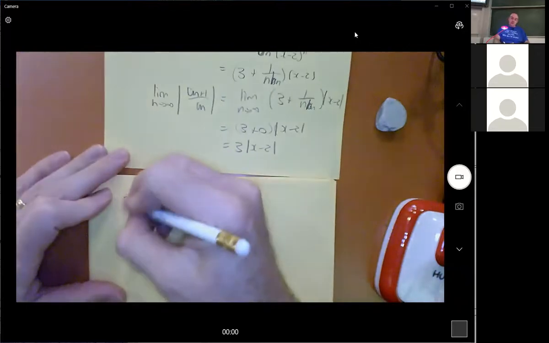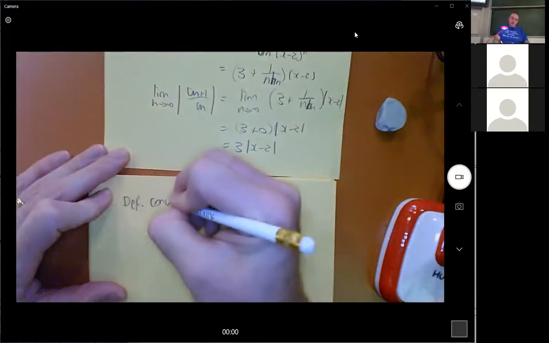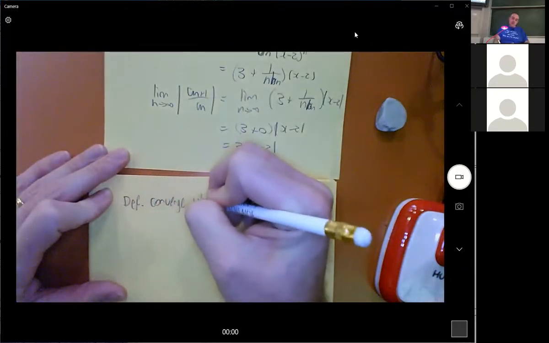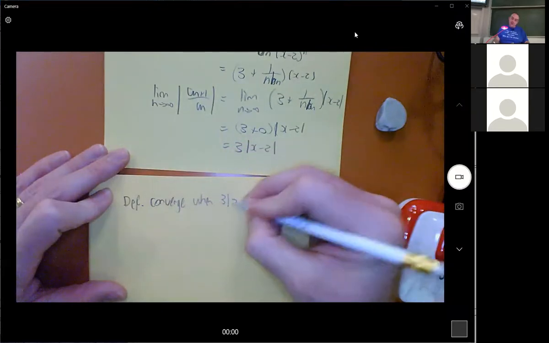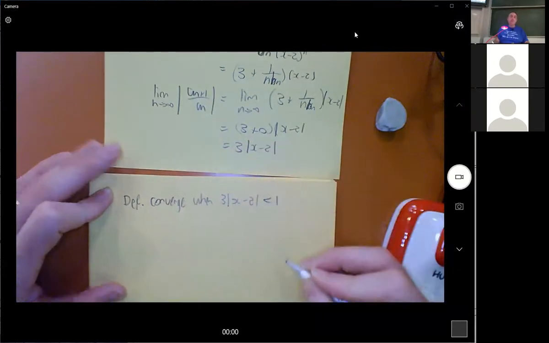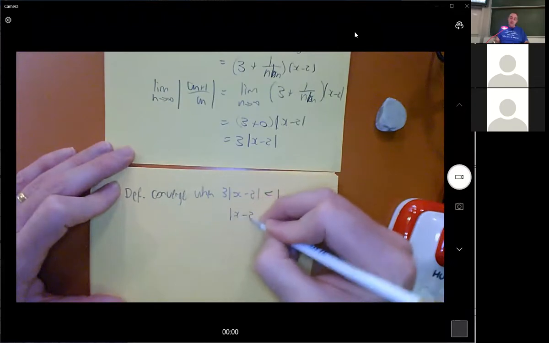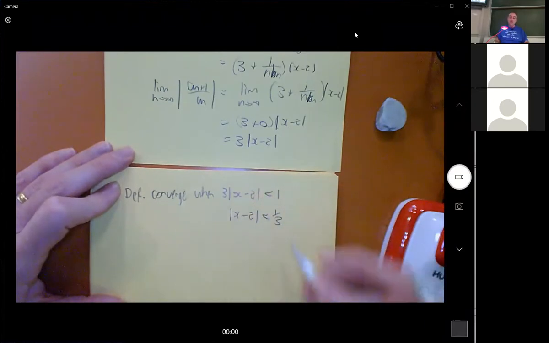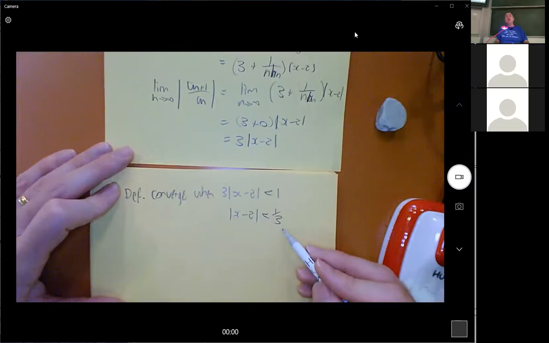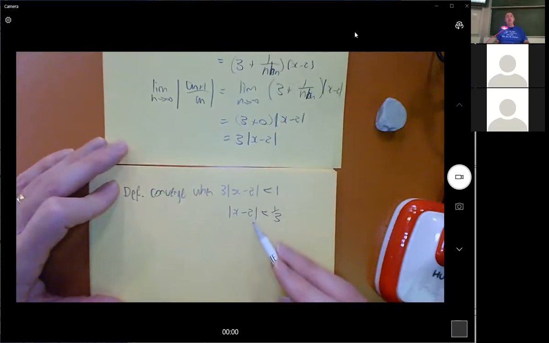And so now it will definitely converge when this answer that we just got is less than 1. And so the absolute value of x minus 2 is less than a third. So the radius is a third, and the center is 2.